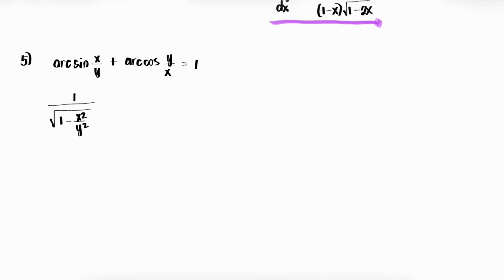Remember, that would be the square root of 1 minus u squared, and our u here is x over y, so we just raise it to the power of 2. But we still have to multiply it by the derivative of our u, which is x over y. So in the numerator, it's y minus xy prime divided by y squared.